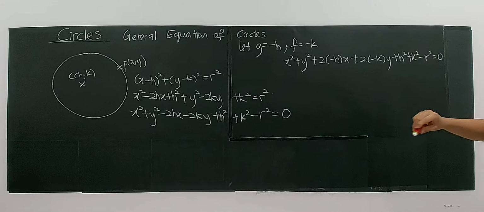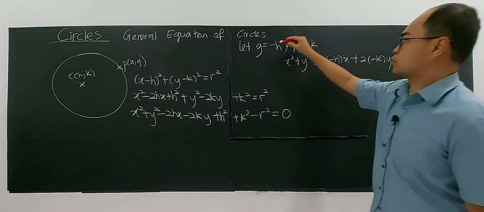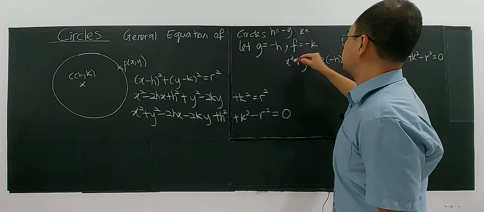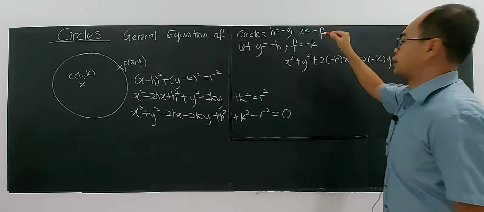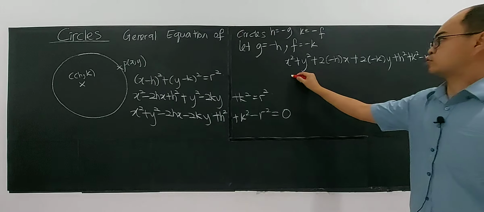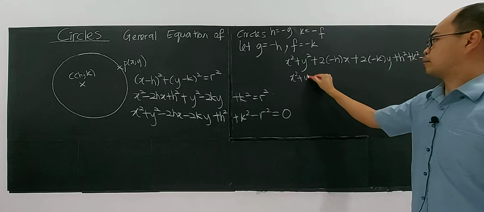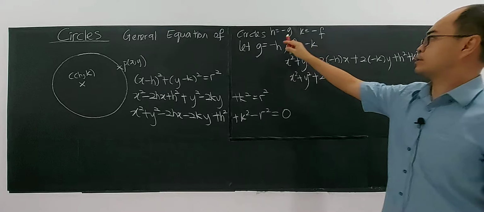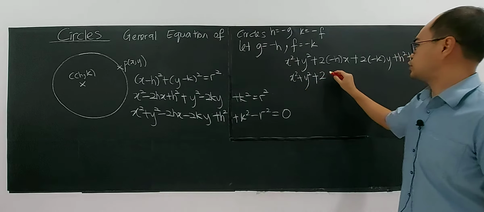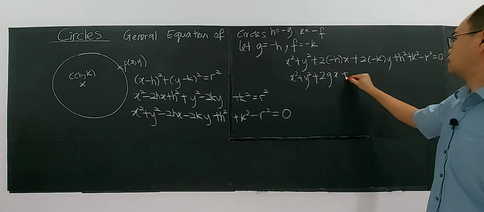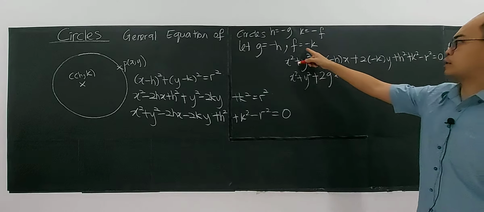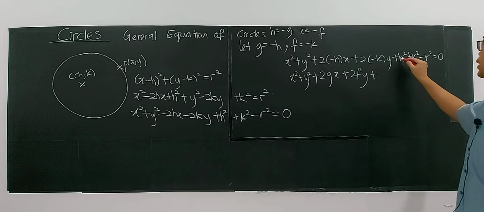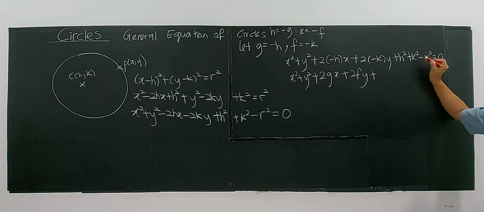So then I know that h will be negative g and k will be negative f. So I rewrite this as x squared plus y squared plus 2gx, replacing negative h with g, plus 2fy, replacing negative k with f, plus h squared plus k squared minus r squared.